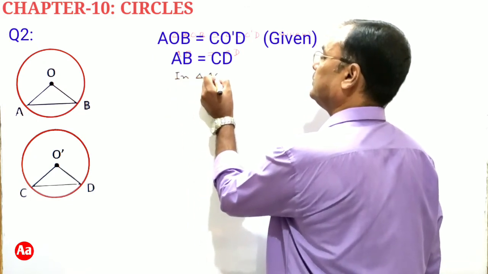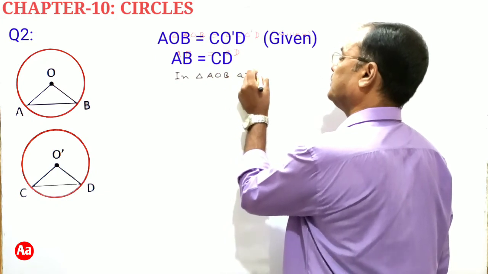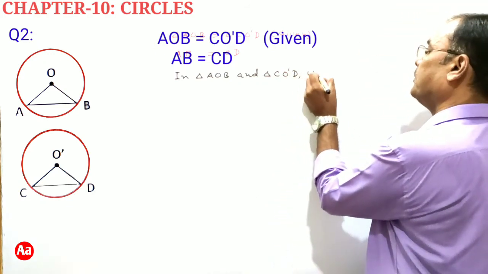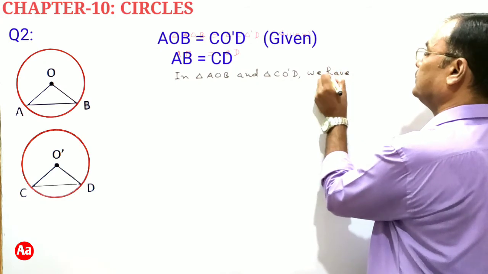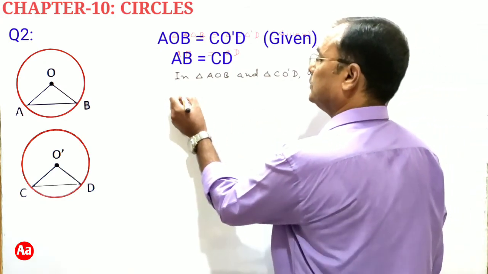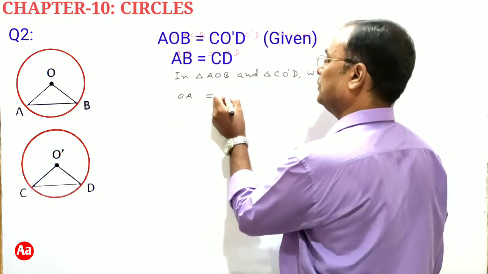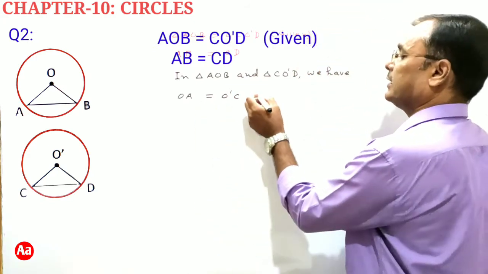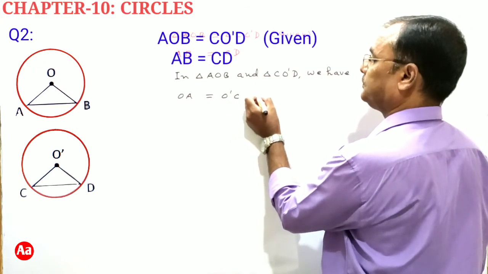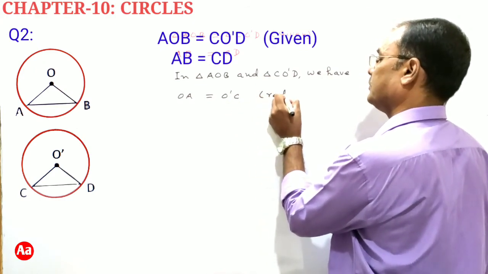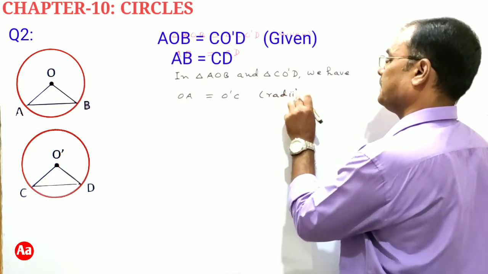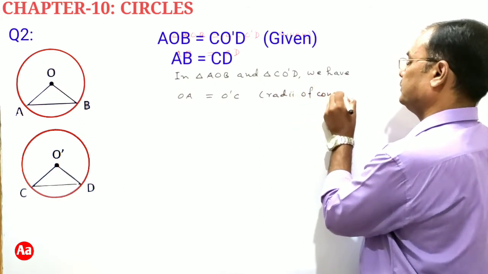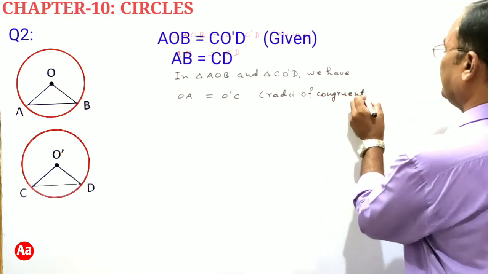In triangle AOB and CO dash D, we have OA is equal to O dash C, because they are radii of congruent circles.